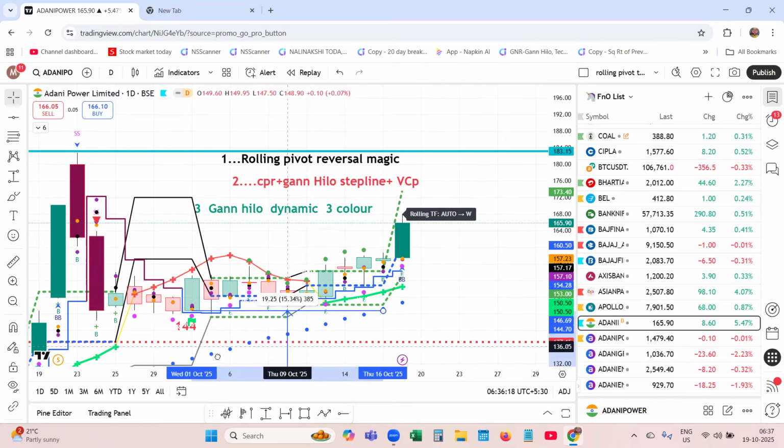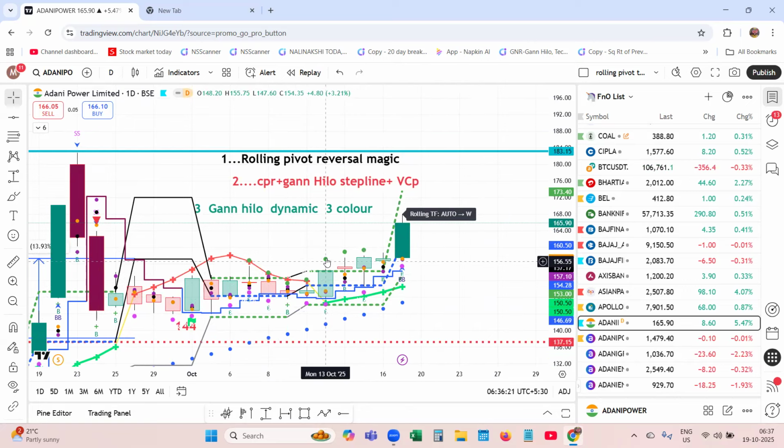This is how you can pick up the stock at the right moment, the right entry for the swing trade, with the help of my Rolling Pivot Reversal Magic, CPR plus Gann Hilo step line, the step line which is with the Gann Hilo, and VCP contraction to alert that a big expansion is going to come. You can see the contraction alerted you, and the narrow CPR also accompanied it. It was a huge expansion.